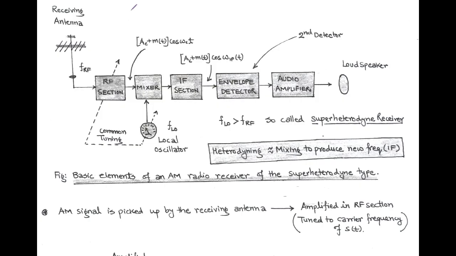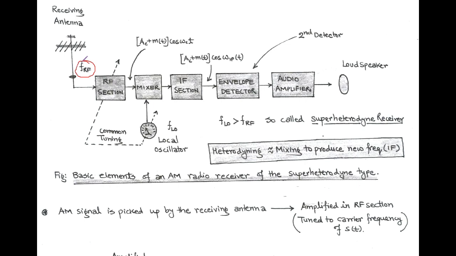Now we discuss the basic elements of the superheterodyne AM radio receiver. The word heterodyne means mixing of signal frequencies to produce a new frequency, that is called intermediate frequency or IF. In an AM radio receiver, the basic elements are the receiving antenna that receives radio frequency, denoted by F suffix RF, corresponding to the AM signal.